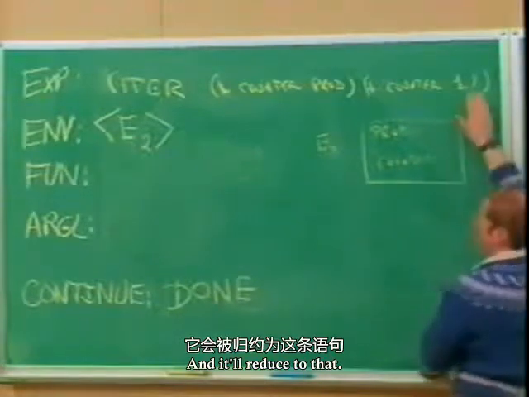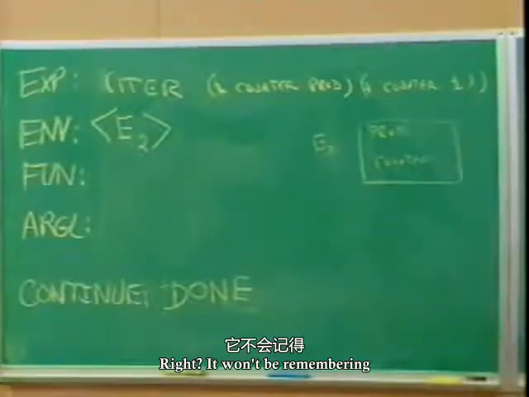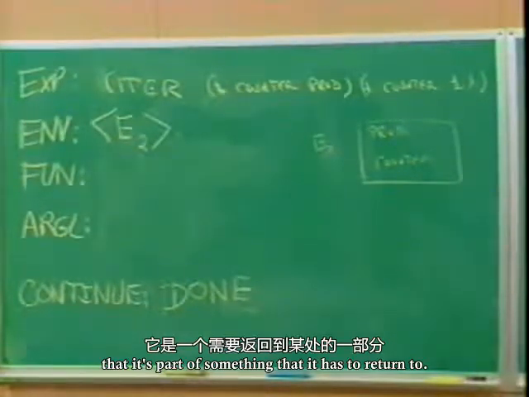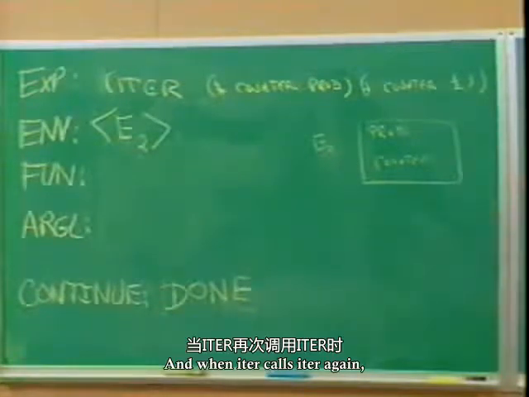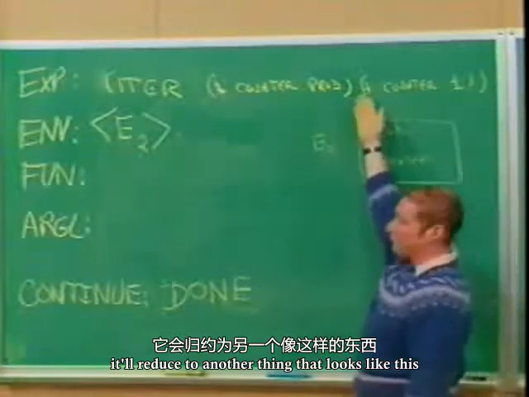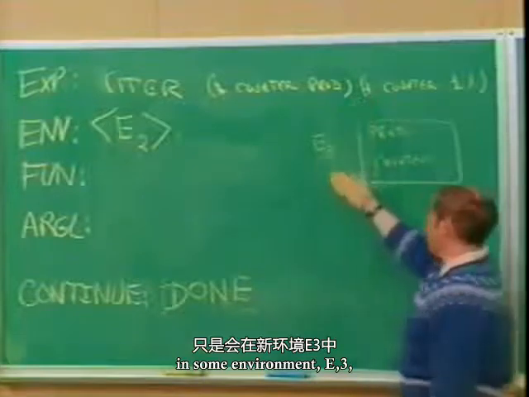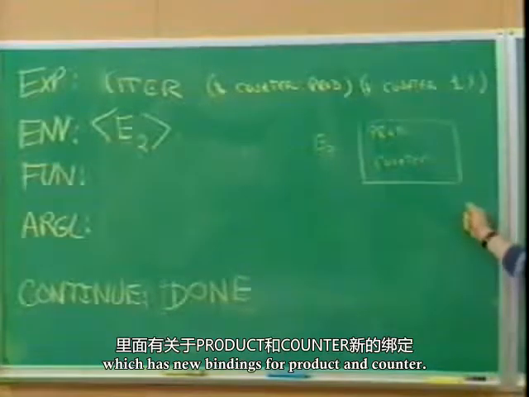Right? And it'll reduce to that. It won't be remembering that it's part of something that it has to return to. And when iter calls iter again, it'll reduce to another thing that looks like this, in some environment E3, which has new bindings for product and counter.